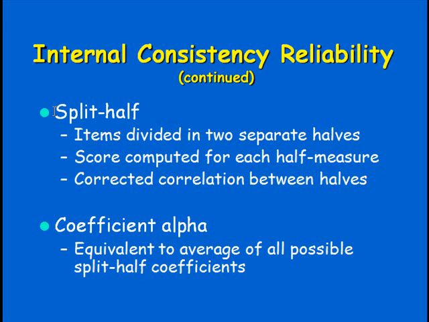It's equivalent to the average of all possible split half coefficients. So if you had 10 items, there are a number of possible ways that you could divide those 10 items into two different halves. You would take the average of all possible split half coefficients, and that's coefficient alpha.